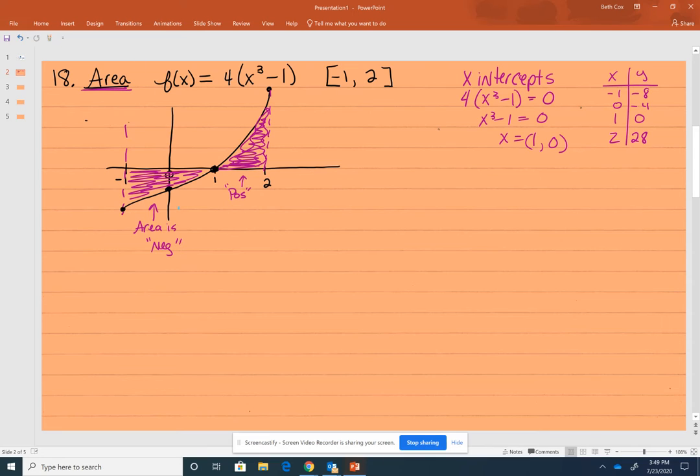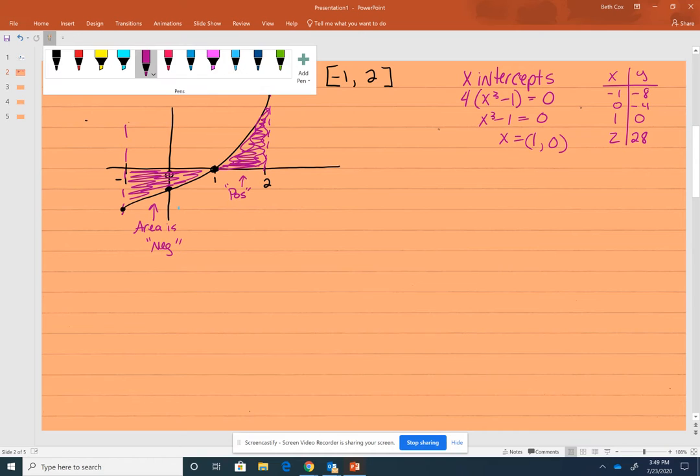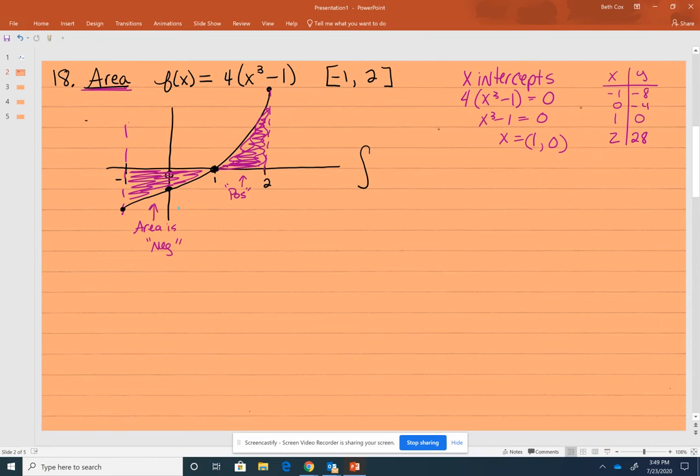All right, so I'm going to use my integrals to find the area. I'm going to do the integral from -1 to 1, because that'll give me that area of my function. Now I'm going to go ahead and put the 4 out front just to make my life easier.